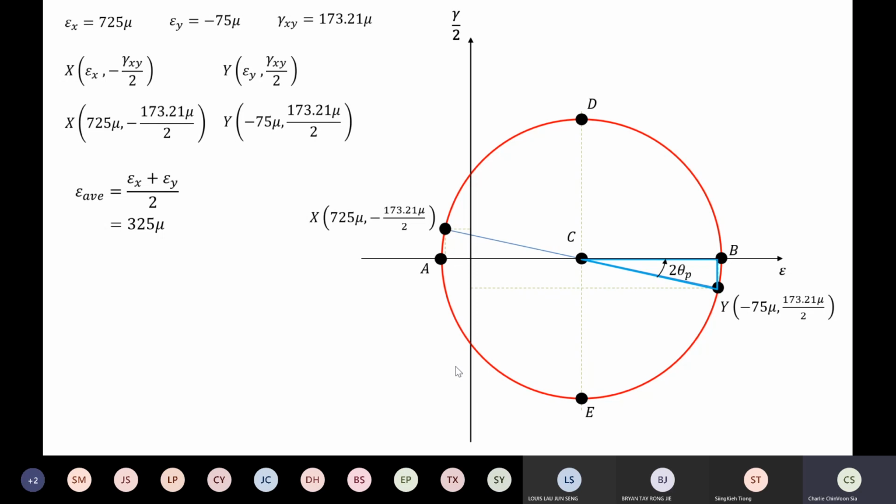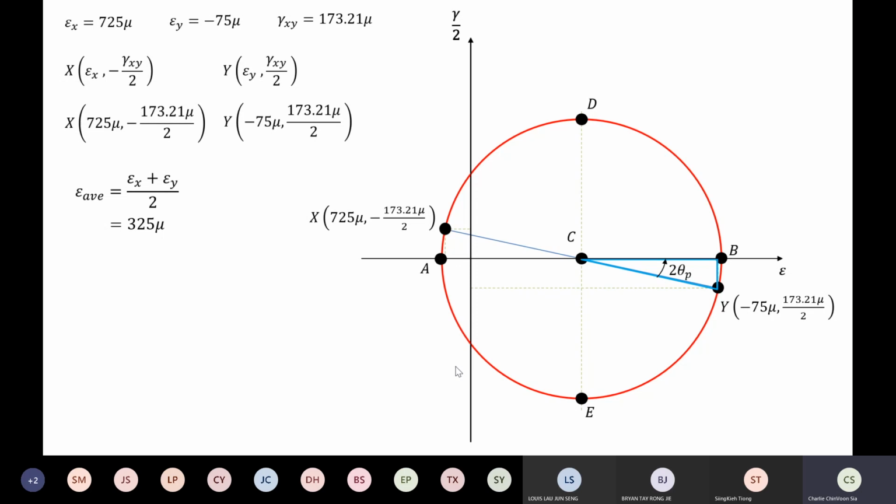If we want to determine whether the theta p is positive or negative, look at the direction. The xy rotates to AB, x to B, anti-clockwise, so the theta p value will be positive.